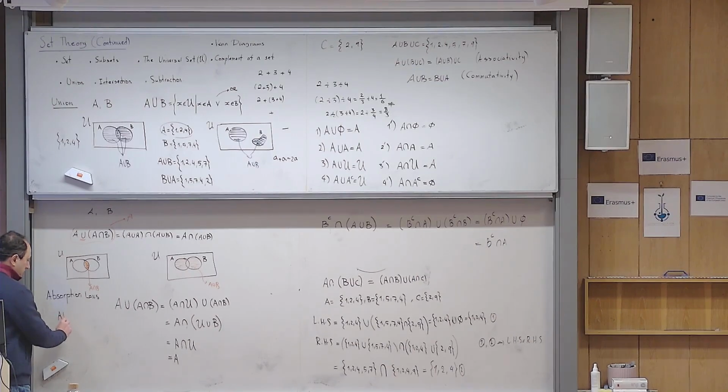Okay, so for example, A union, A intersection B, or A intersection, A union B. It is like distributive because one of them is intersection, one of them is union, but the difference is that one set is repeated. Absorption laws tells us that the answer is the repeated set.